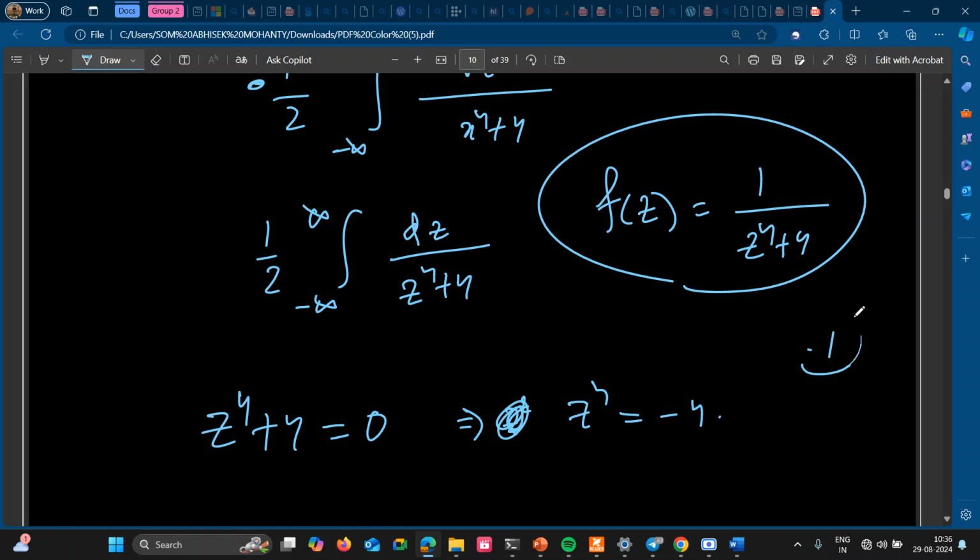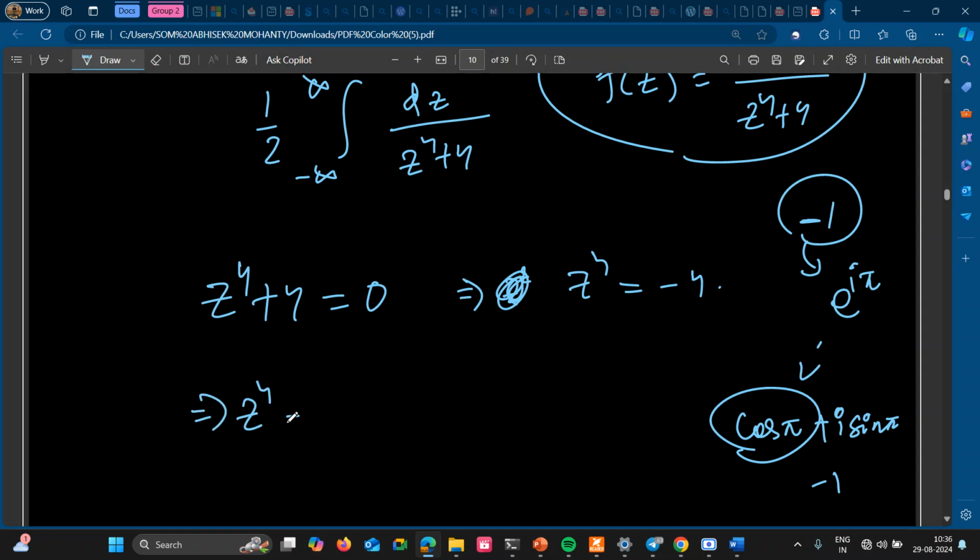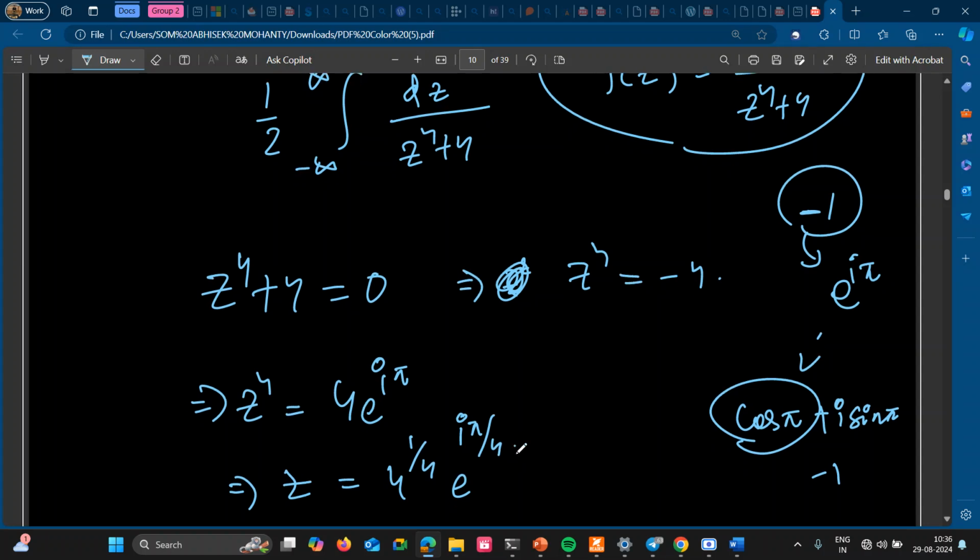Minus 1 is usually written in this chapter as e to the power i pi, because e to the power i pi is cos pi plus i sin pi, and cos pi is minus 1. So you can write z to the power 4 is equal to 4 e to the power i pi. So now z can be written as 4 to the power 1 by 4 into e to the power i pi by 4. Got it?